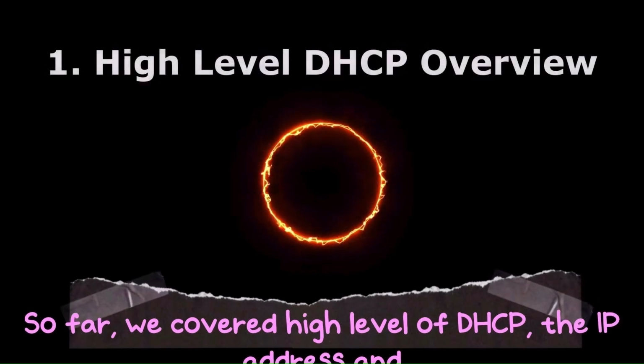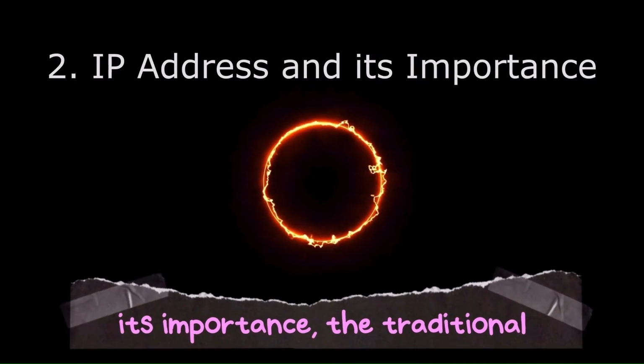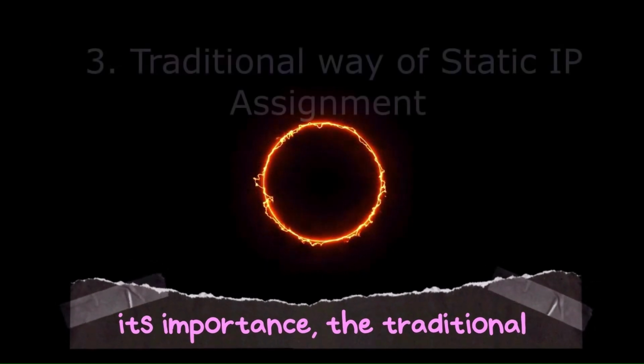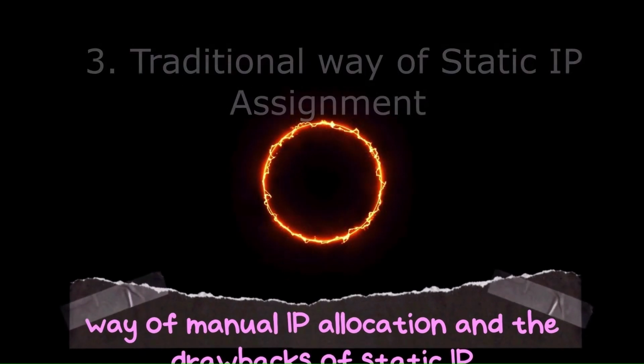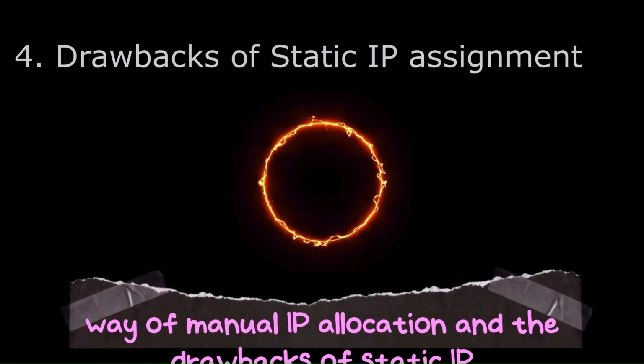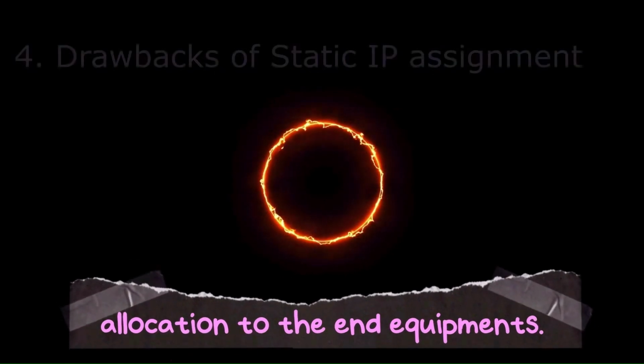So far, we covered a high level of DHCP, the IP address and its importance, the traditional way of manual IP allocation, and the drawbacks of static IP allocation to the end equipments.